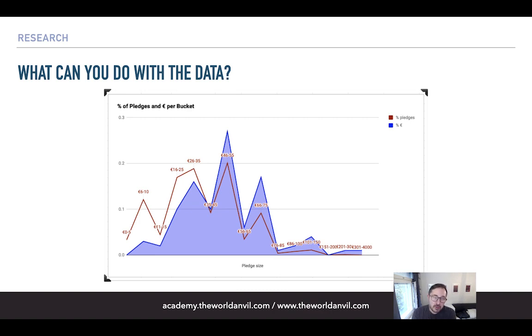And from this graph, you can understand where was the most amount of pledges and where that amount of pledges corresponded to the most amount of money, of gross income. Sometimes the two things are correlated, sometimes they're not. For example, you can see that in this specific graph, the most amount of pledges was in the bracket between 26 and 35 euros, but that's not the bracket that brought in the most money.